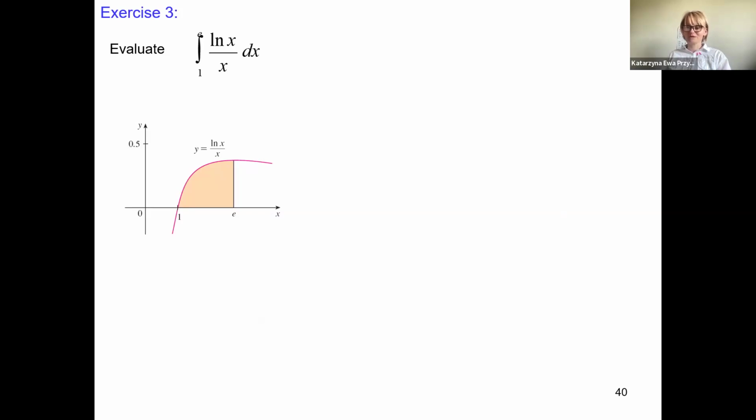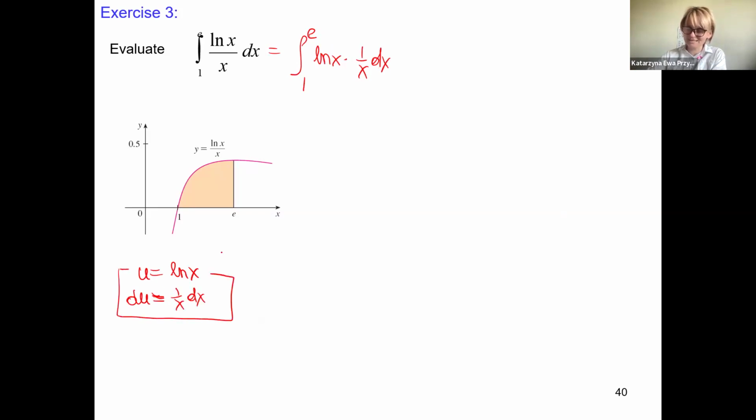But the point is to calculate it. We can definitely say natural log of x. Because what is the derivative? From 1 to e, we have natural log of x times 1 over x dx. That means du is just 1 over x dx. This is u, and this is du. Done. U squared over 2.